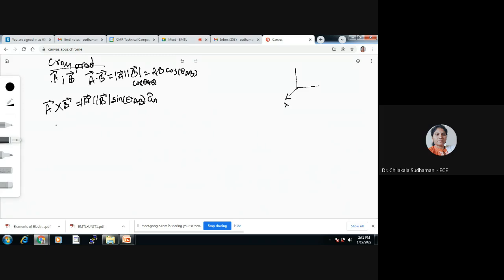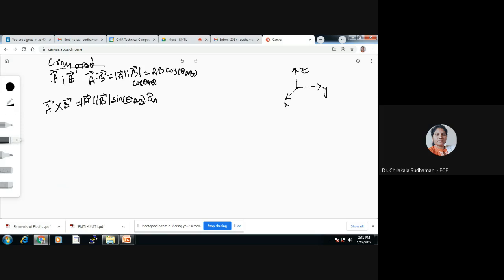Now if you go to the cross product, A bar cross B bar is equal to mod A bar mod B bar as it is. In place of cos angle, the cross product is given by sine of theta AB into AN. Here we consider the axes like x, y and z.